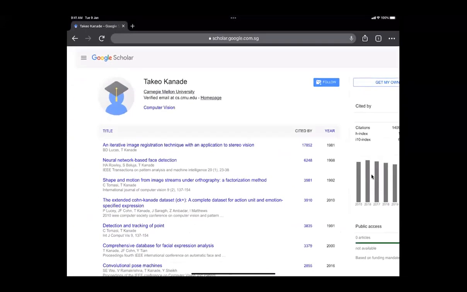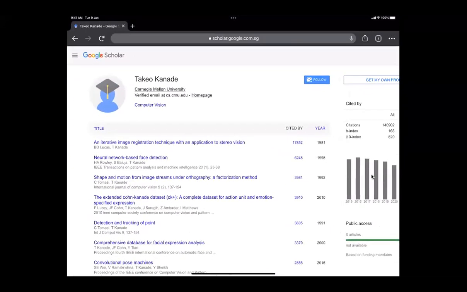So the citation for optical flow, which is iterative image registration techniques, published in 1981, is cited 17,800 times, which is quite a number, right? It's not easy to get citation. So this citation is quite high.